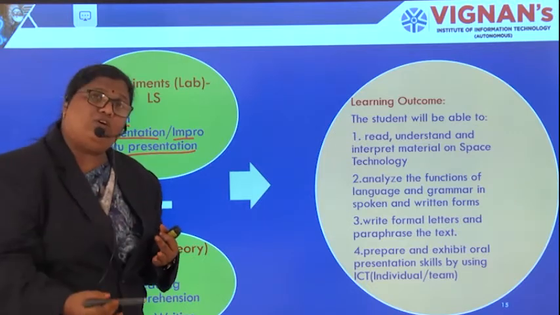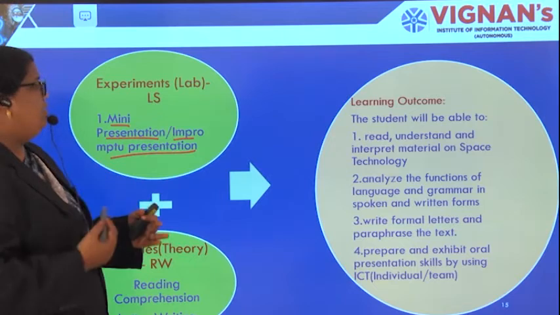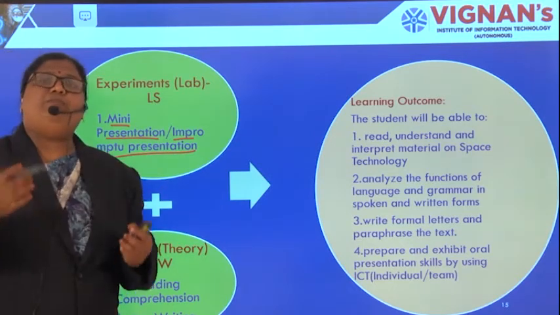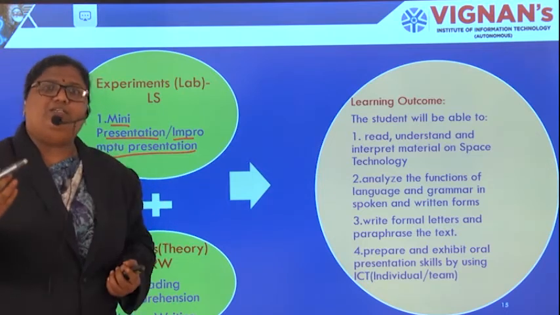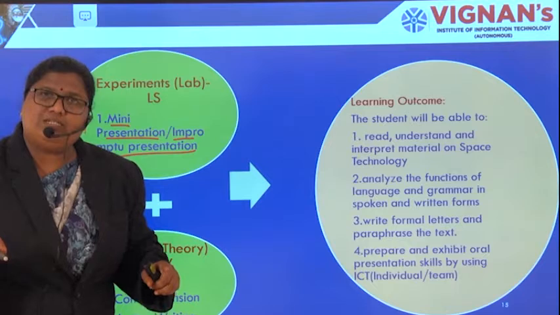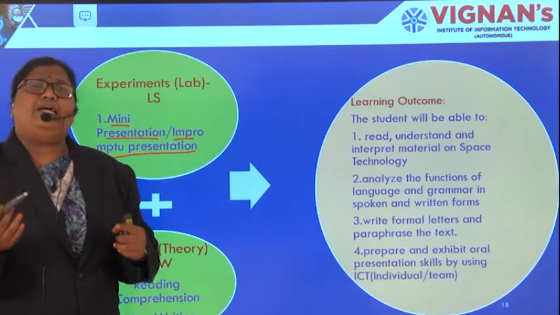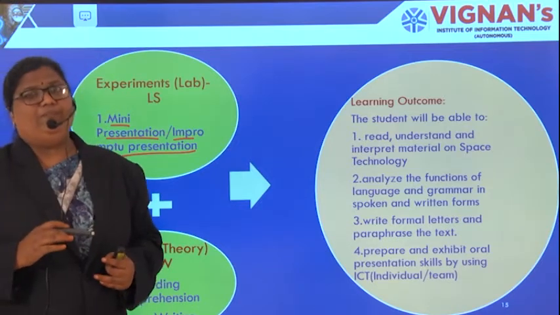You exchanged dialogues on various functions, and then next you worked on the mini presentation. That means we'll give you a topic and time to present it. You can take the help of charts. You can do a chart presentation, or a blackboard presentation, or any kind of oral presentation, maybe in a team or individually.